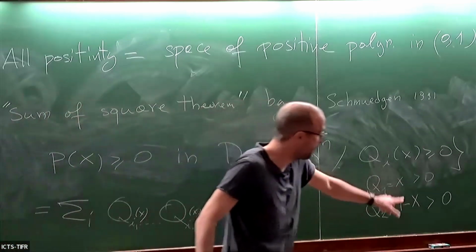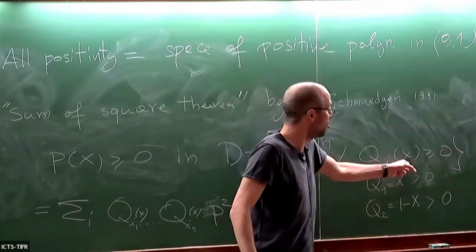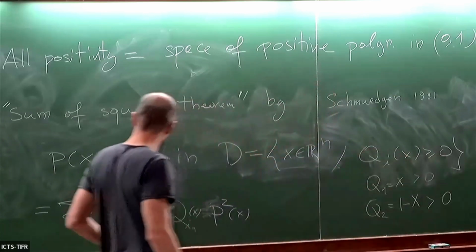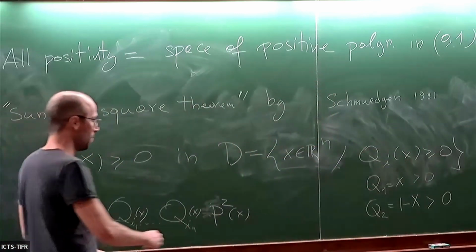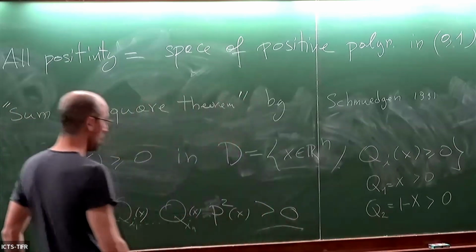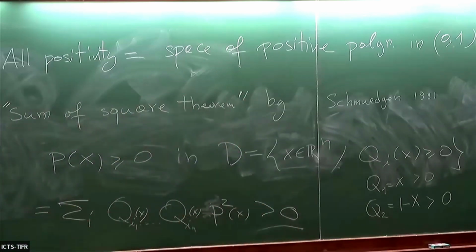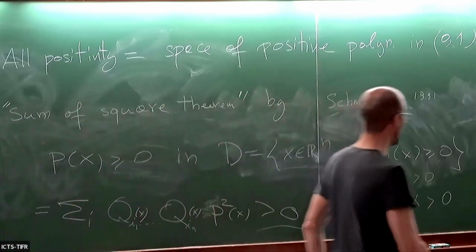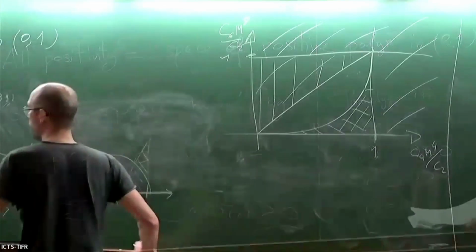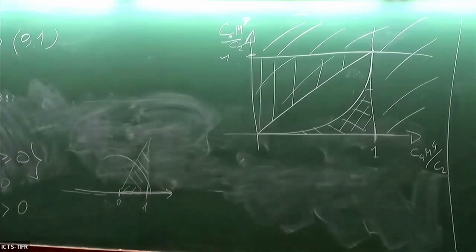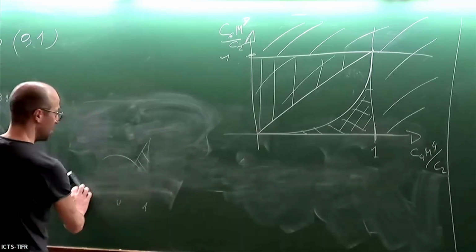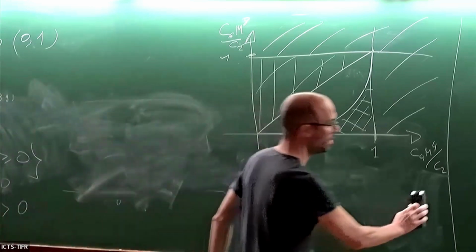Look, x and 1 minus x are not positive everywhere, but on this domain, by construction, they're positive. So this is certainly positive, and this exhausts all possibilities. This classifies all possible polynomials which are positive in a given domain, and therefore it gives us all the positivity that you can extract in the forward limit. Let's keep the figure.